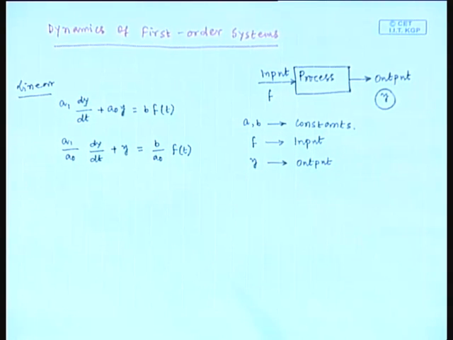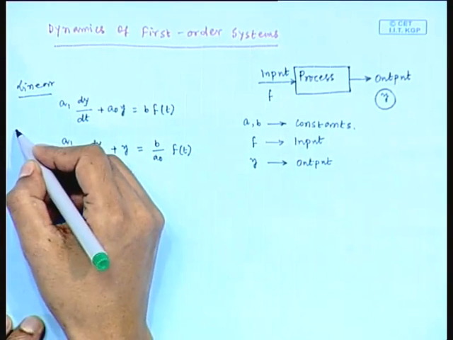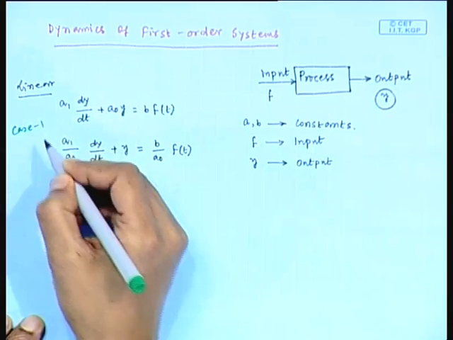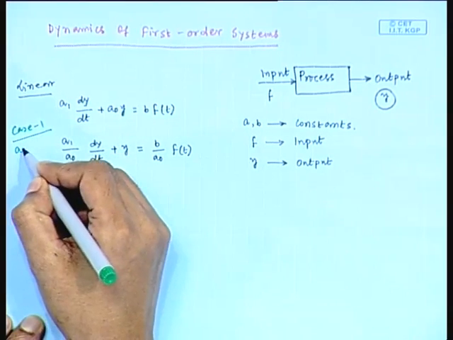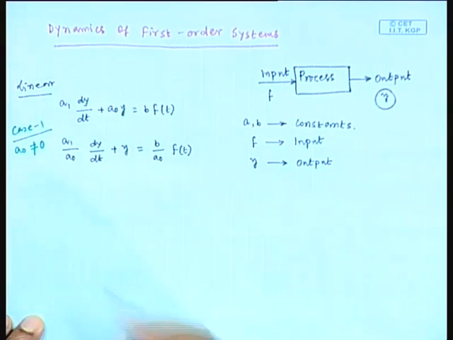In one case a1 equal to 0 and in another case a1 not equal to 0. So, in case 1 we will consider a1 not equal to 0. First we will discuss a1 not equal to 0, then in the next case we will consider a1 equal to 0.